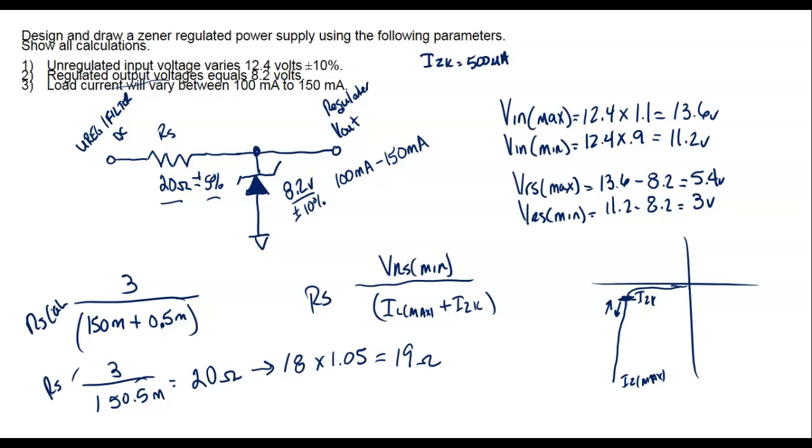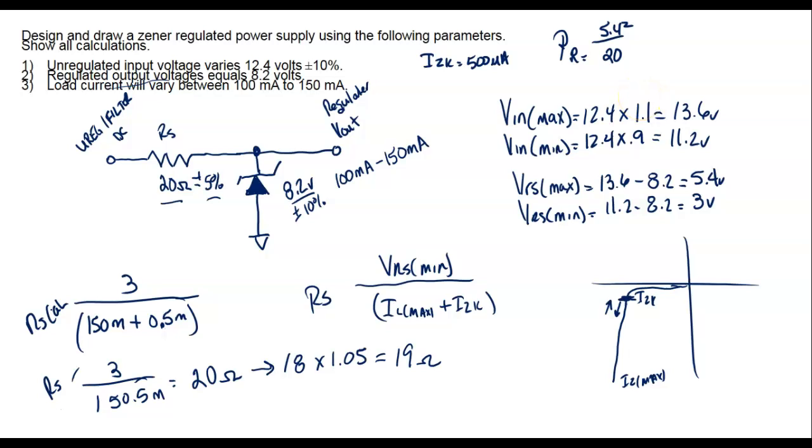So when would the current through the resistor be maximum? When it's dropping its maximum voltage. So that's when the current in the circuit will be maximum, right? So power of the resistor, PR, would be equal to, what's the maximum voltage it's going to drop? 5.4 squared divided by 20 ohms.